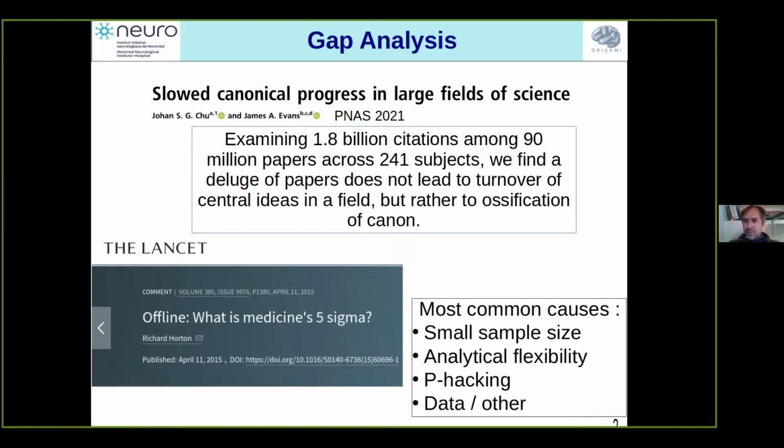In physics it's well known that this is a 5 sigma threshold, which is definitely not the one we're using in life sciences. So the causes of this ossification of progress are complex and numerous. I'm not going to really dive into those in this short introduction. I'm just going to give you some examples of why people started to worry about irreproducibility.